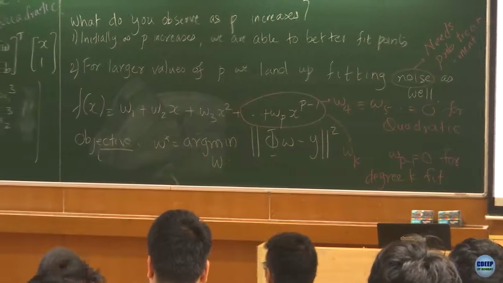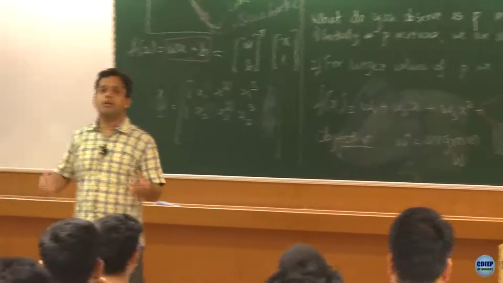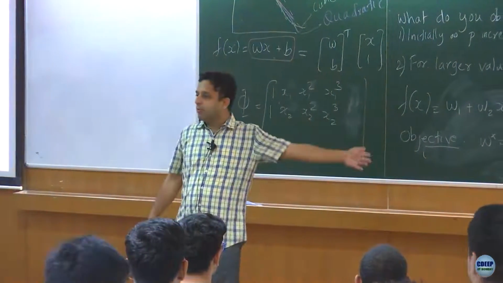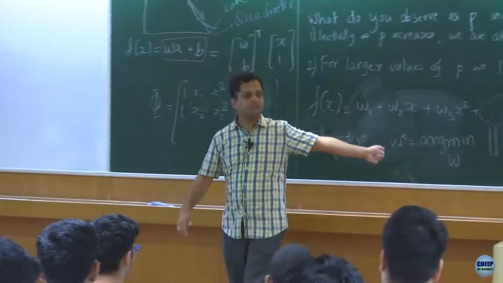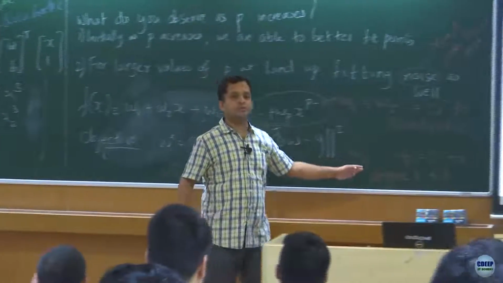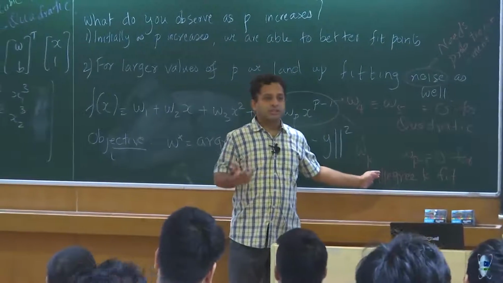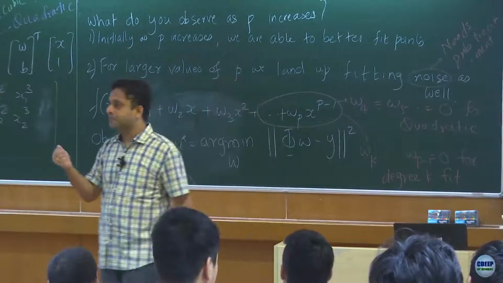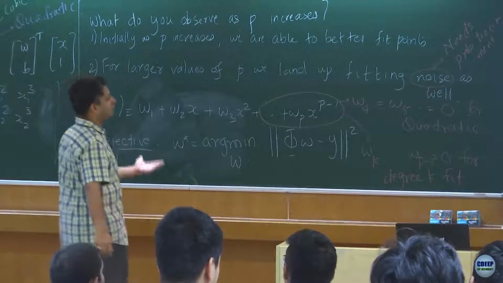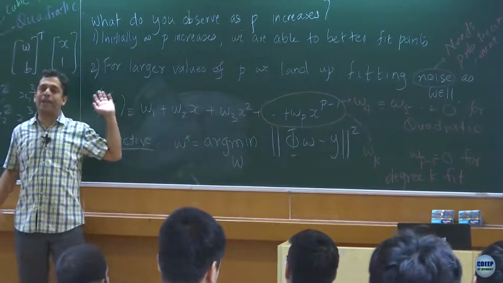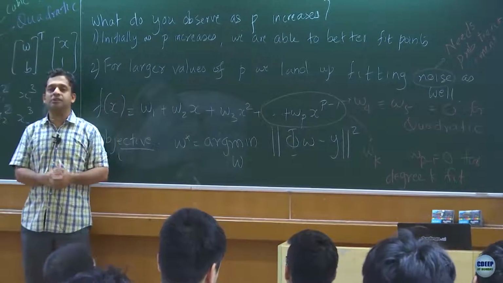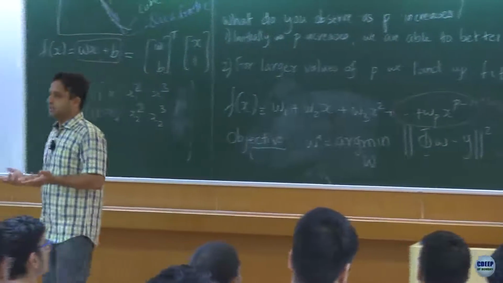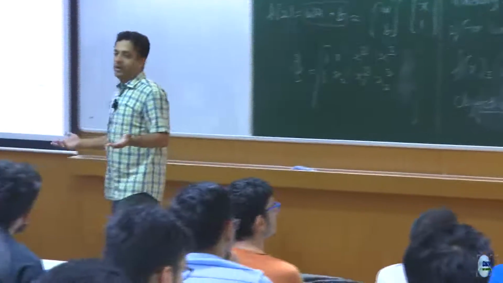So what is your indication of whether you are taking the noise too seriously? One indication: many of these higher order W's will not become 0, they start assuming some magnitude, right? In fact, you would like the model to only consume as much W as it should, not more than required.